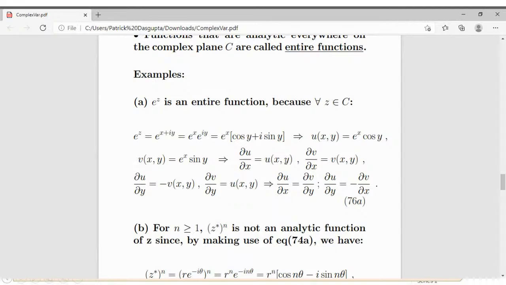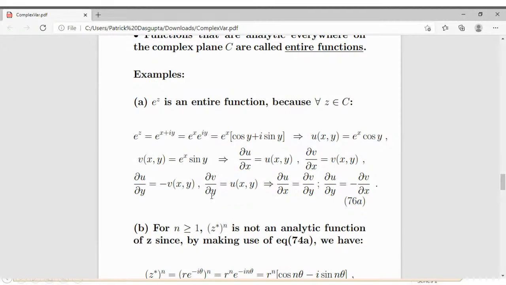On the other hand, del u by del y, now the y dependence is only there in cos y. So therefore del u by del y will be e raised to power x times derivative of cos y with respect to y, which is minus sine y. So therefore del u by del y is minus of v, because v is e raised to power x sine y.